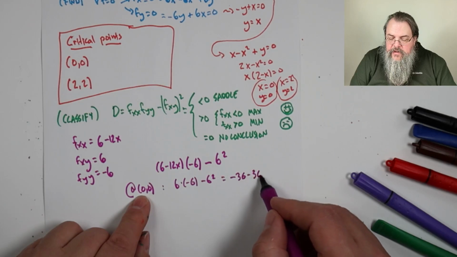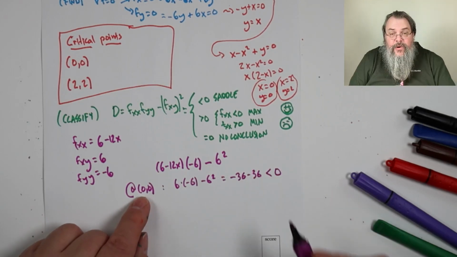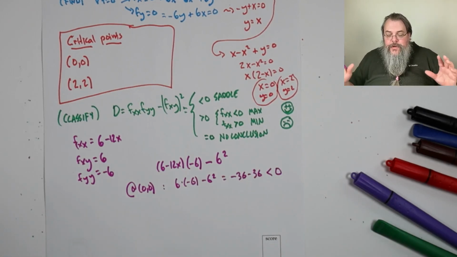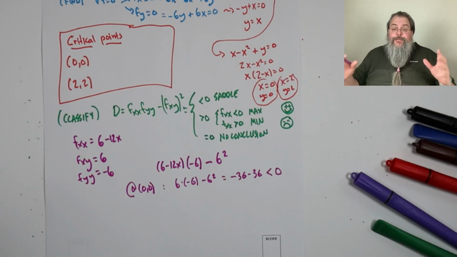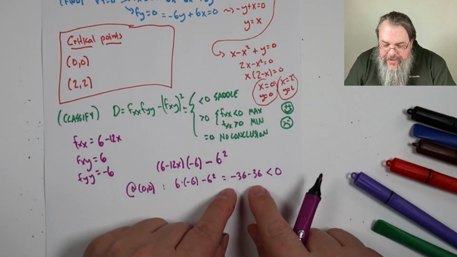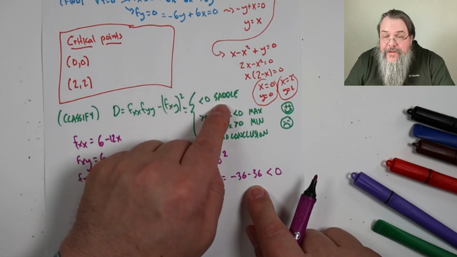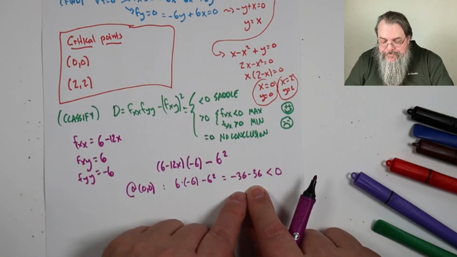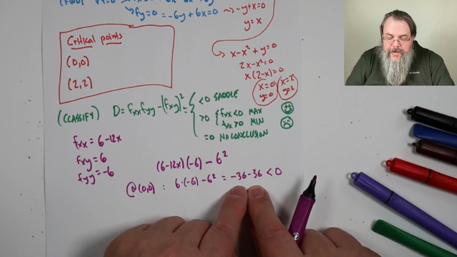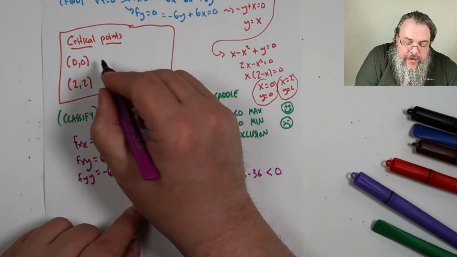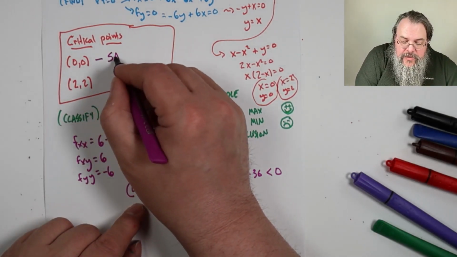We could say it's negative 72, but we only care about the sign. In this case, the sign tells us saddle. The sign is negative. When D is negative, that tells us we have a saddle.